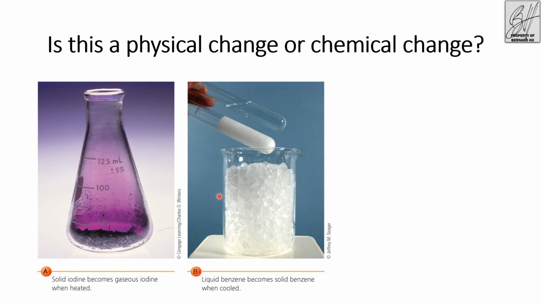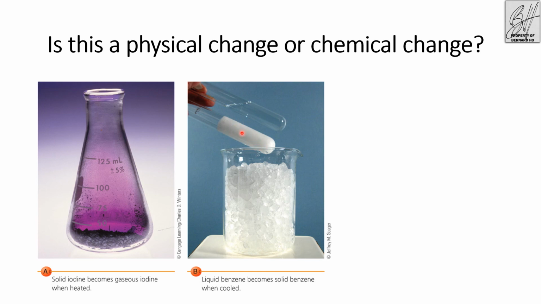In the second panel, panel B, we have liquid benzene here, and when it's cooled in an ice bath, it becomes solid benzene. So liquid versus solid here. Now, cooling being the opposite of heating, rather than causing molecules to get further and further apart, cooling makes molecules come closer together, and that's how we have the formation of a solid.